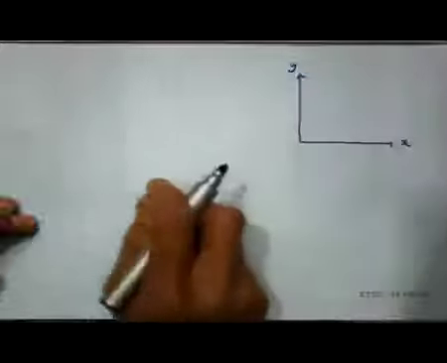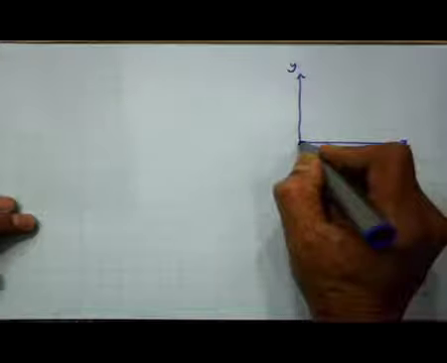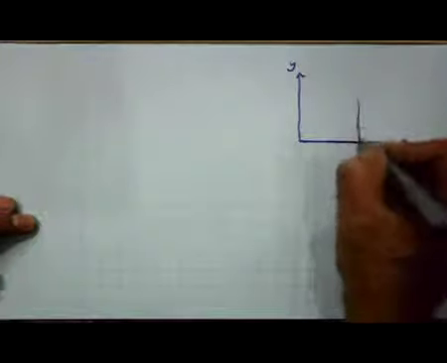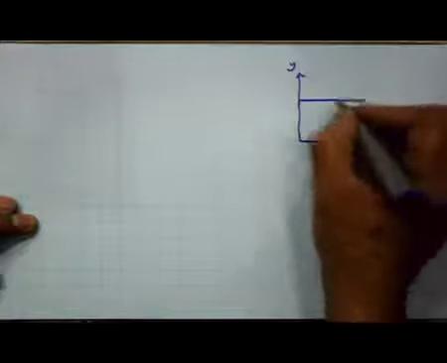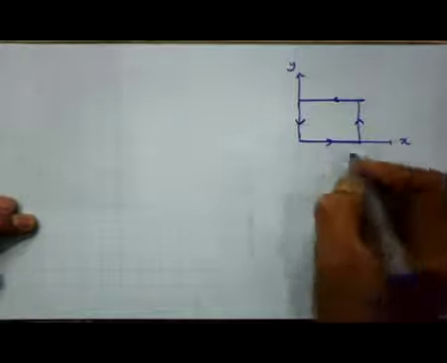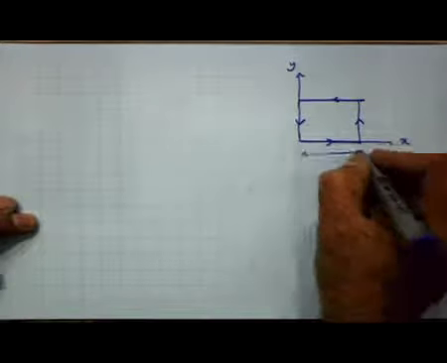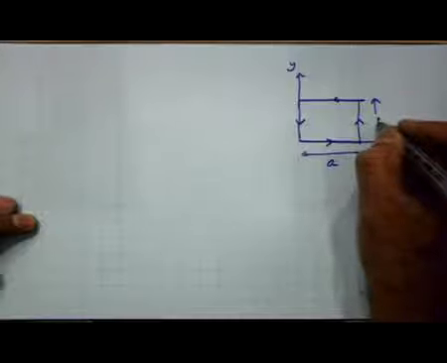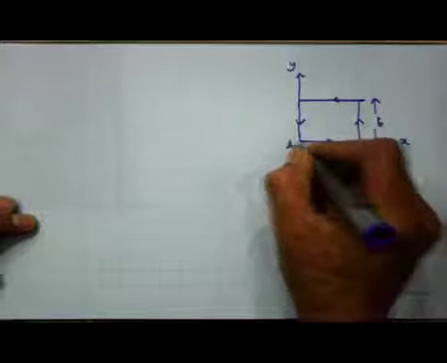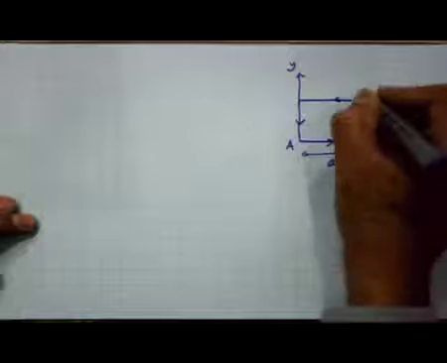This is x axis, this is y axis. So, I take a path in this form. I start from the origin and complete one rectangular path here. So, let me assume that this is a rectangular path, let me call this A, B, C and D.